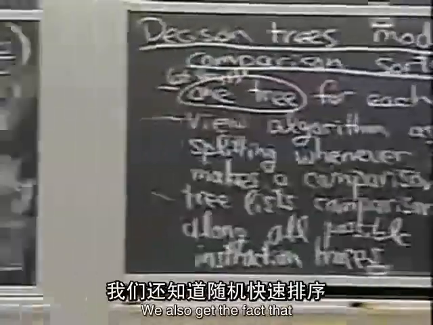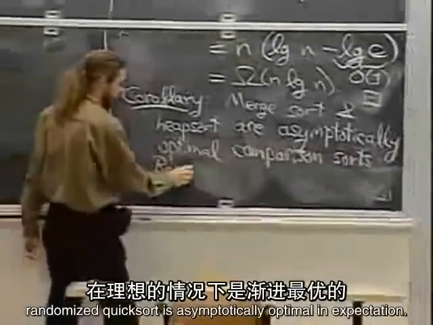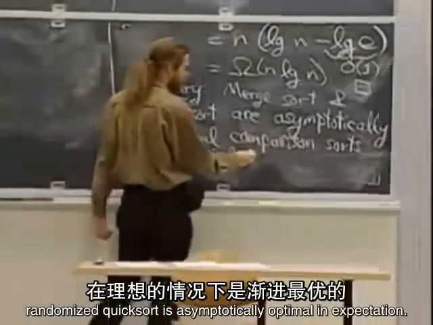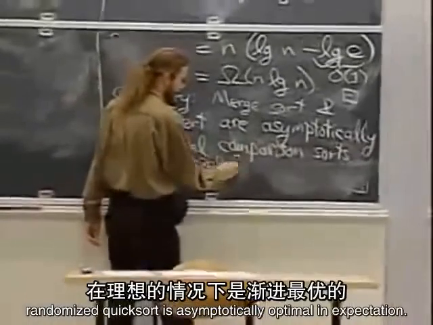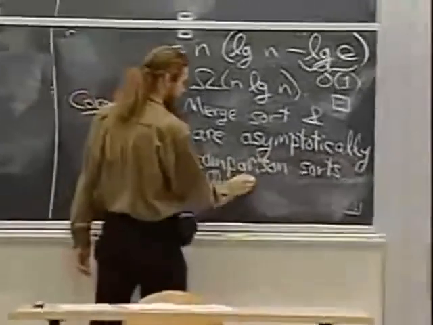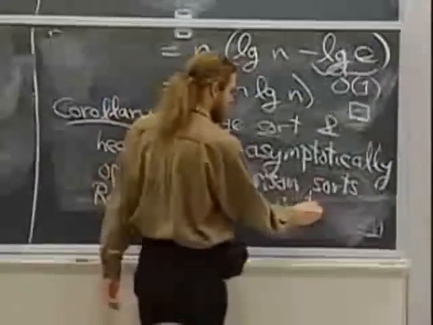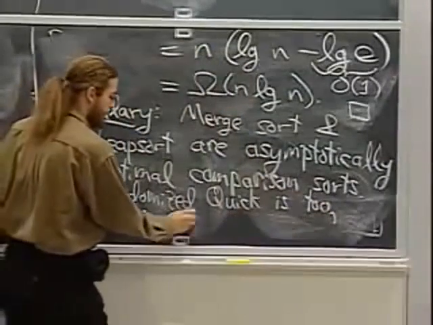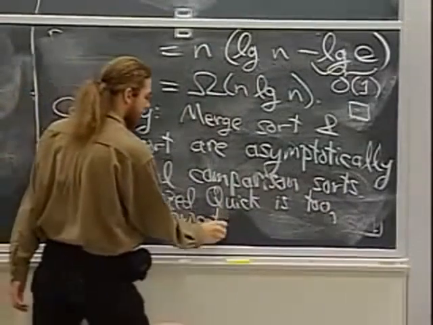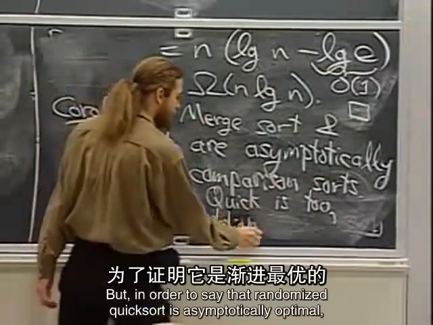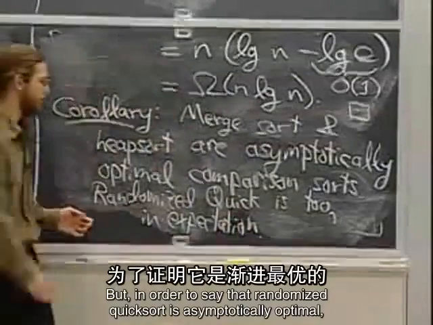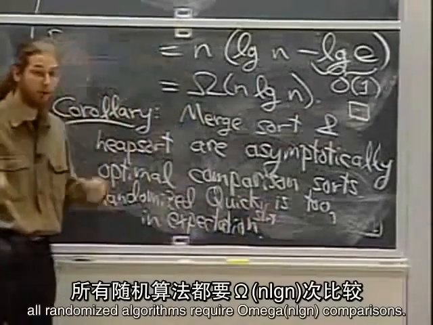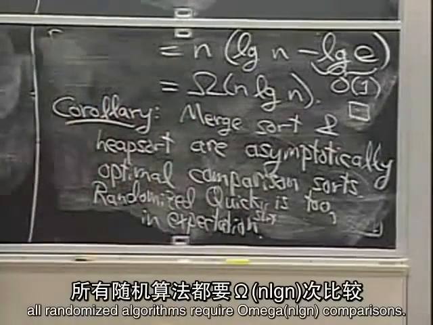So we also get the fact that randomized quicksort is asymptotically optimal in expectation. But in order to say that randomized quicksort is asymptotically optimal, and I forgot the sort here, we need to know that all randomized algorithms require omega n log n comparisons.